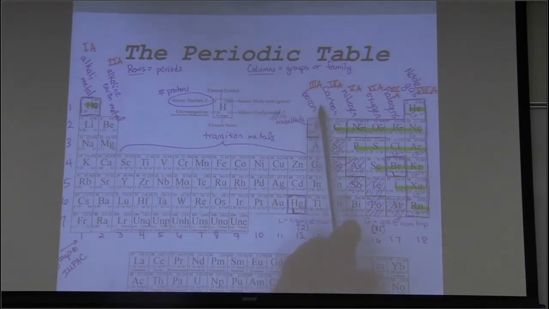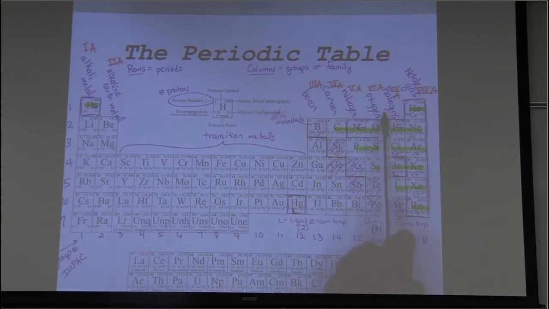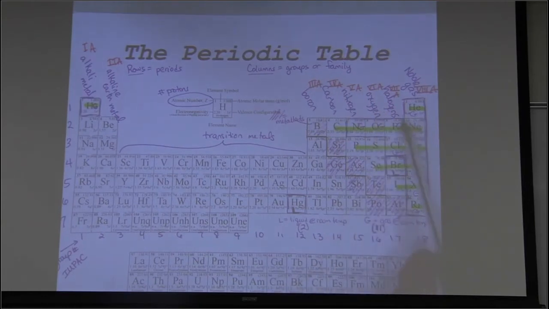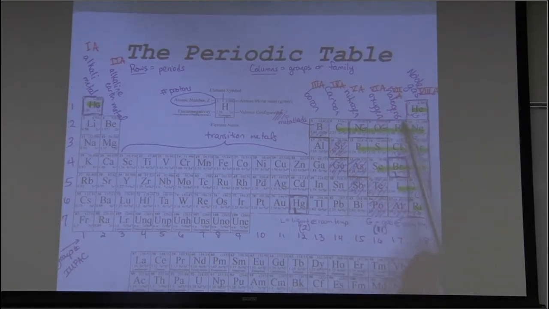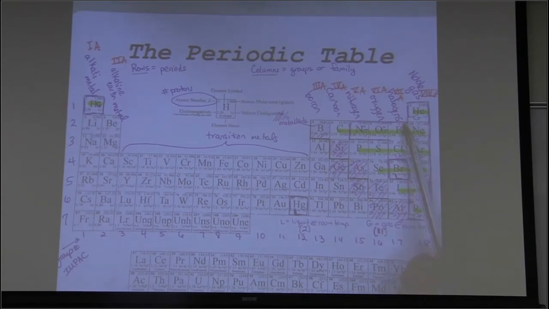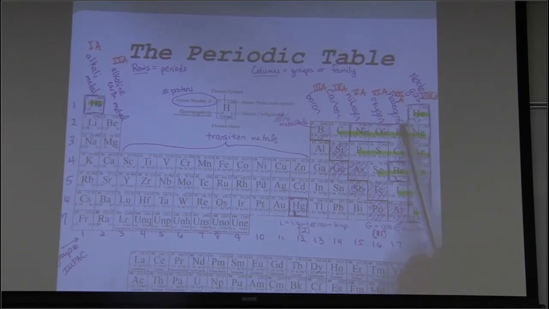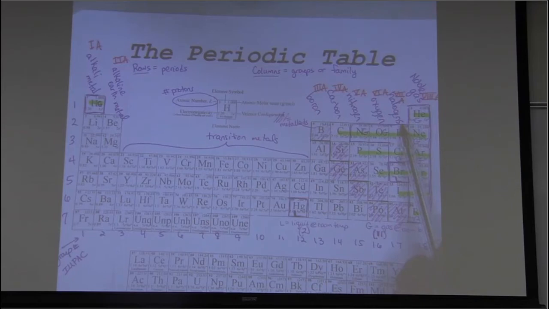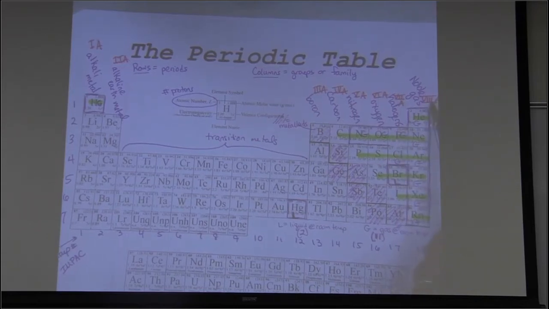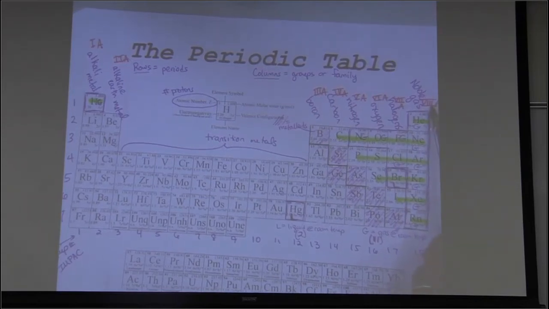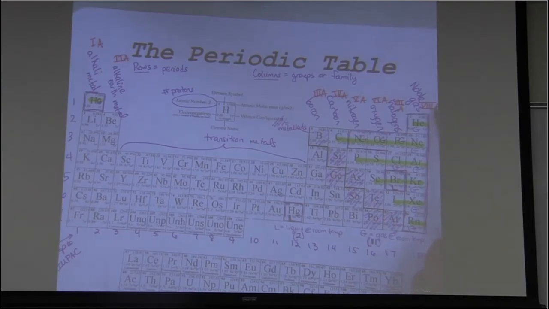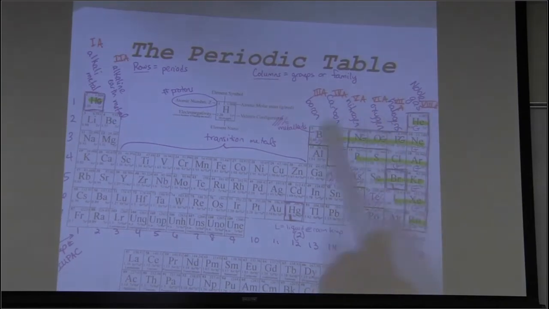Then these are the easy ones: boron, carbon, nitrogen, oxygen. This word is halogens. Halogens. And this is noble gas. There's really no need to name boron, carbon, nitrogen, oxygen. They're self-explanatory. They're at the top.